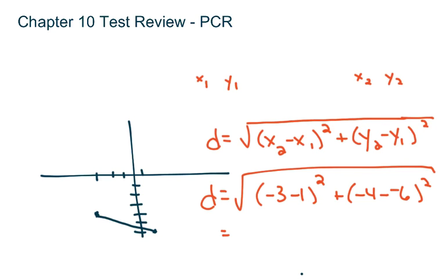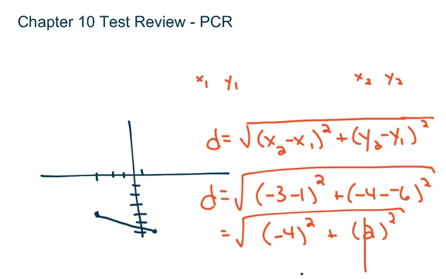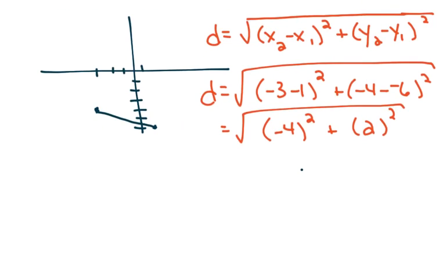So -3 minus 1 is -4, and -4 minus -6 is +2. And then -4 squared is 16, plus 16. I don't even need the parentheses. And 2 squared is 4.